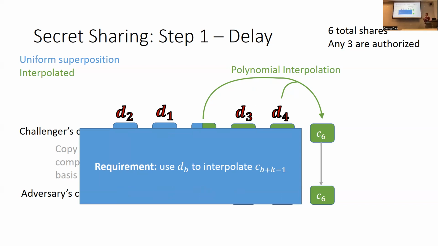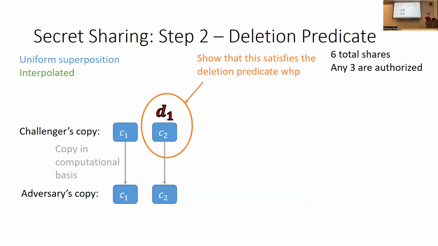Intuitively, the reason that we require this is because D4 is going to provide the randomness needed to convert C6 into uniformly random. We'll explore that a little bit more soon, although we're getting toward the end of this. Well, this will show up in the next slide or two. Okay.